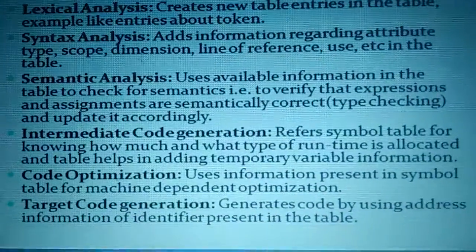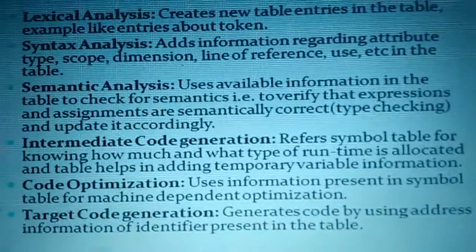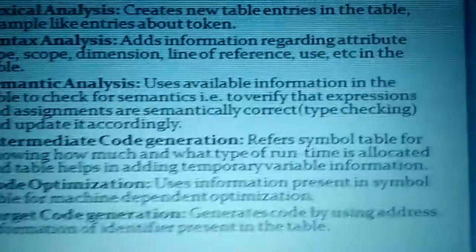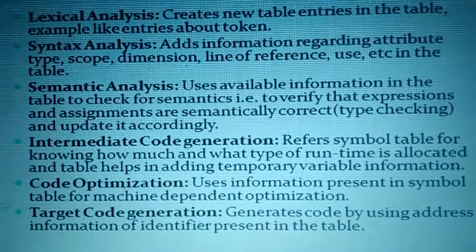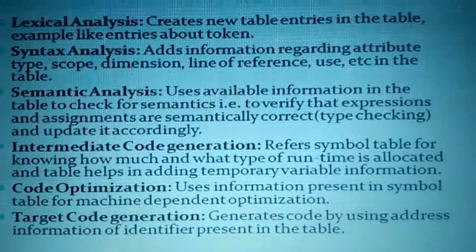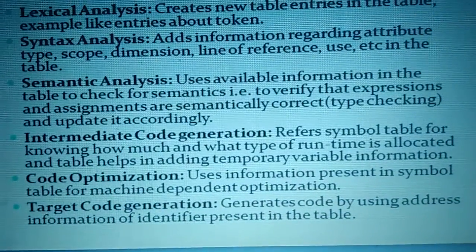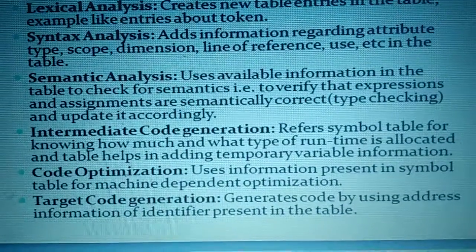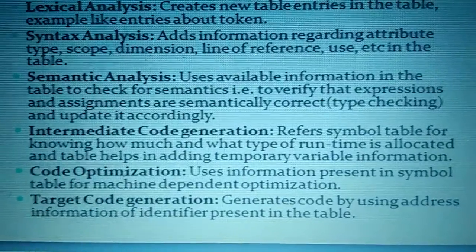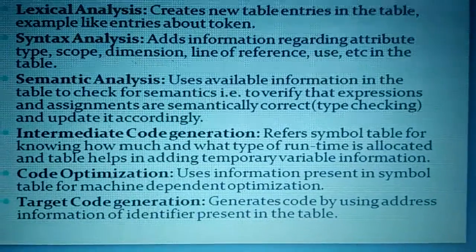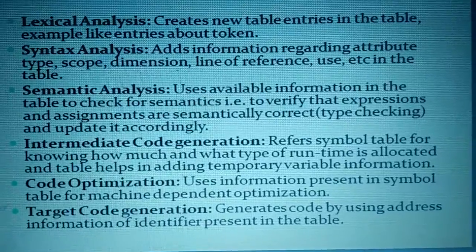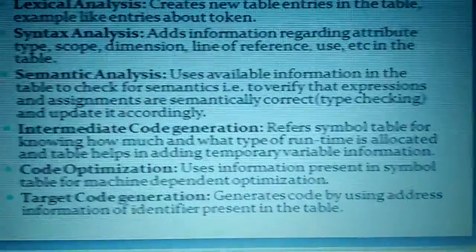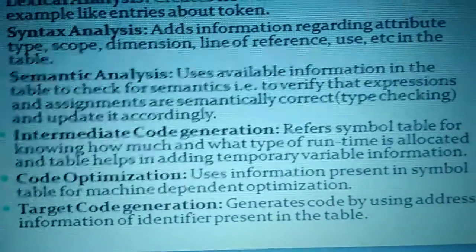Type checking in the sense of error checking: it checks the error, comes back, and updates those corrected values or corrected variables or corrected tokens in the symbol table. And intermediate code generation refers to the symbol table for knowing how much and what type of runtime is allocated.